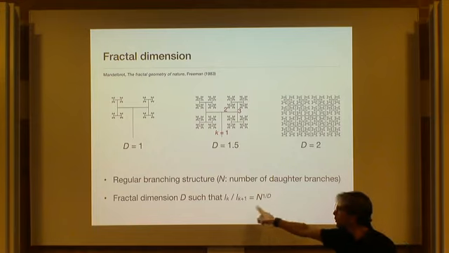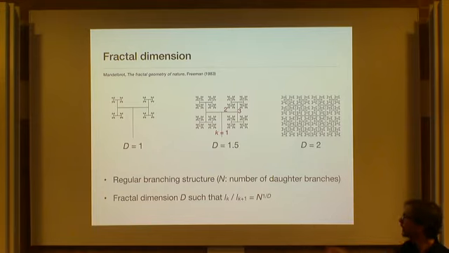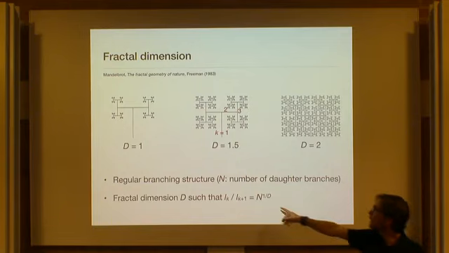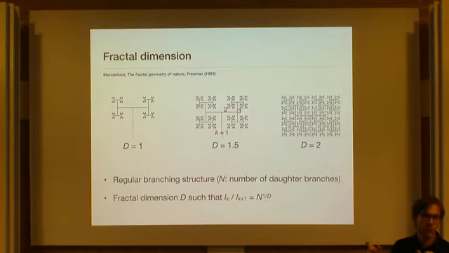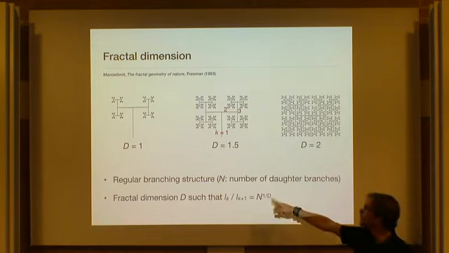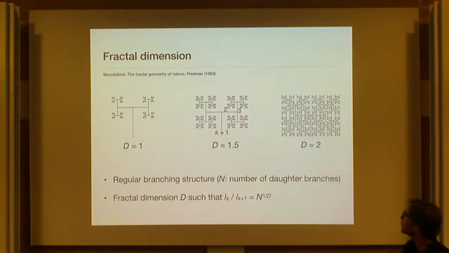And this is the formula. So K is the rank, and L is the length, and N in this case is 2. It's the number of daughter branches per mother branch. And so when this ratio is, in this case, square root of 2, you fill the space.